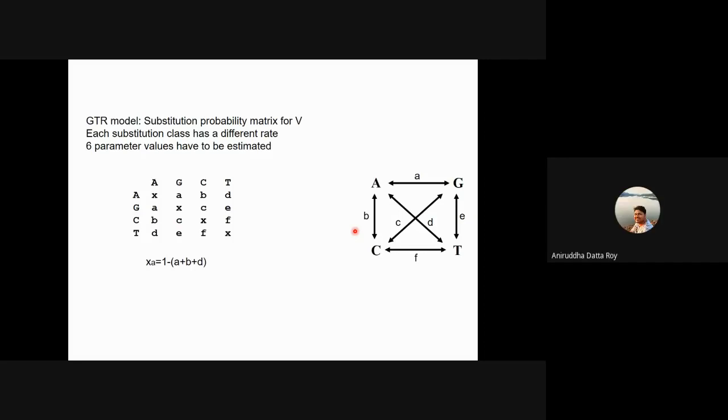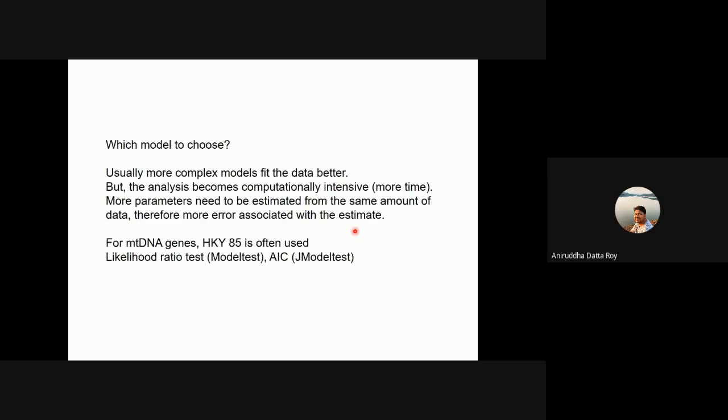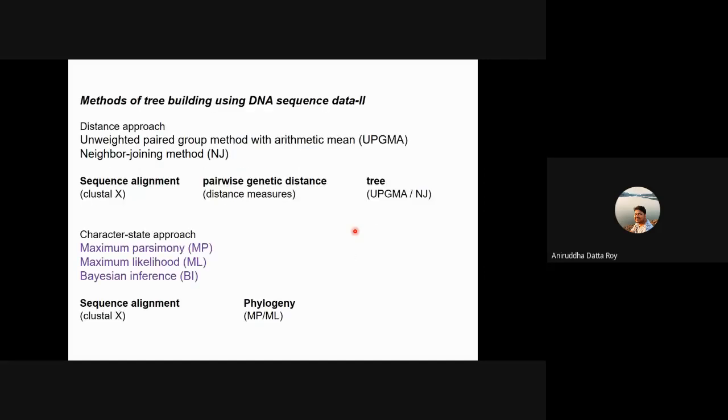Are there any other doubts? Okay, so if there are no other doubts, then we will move on to parsimony. Till now we've basically been doing a distance-based approach, right?